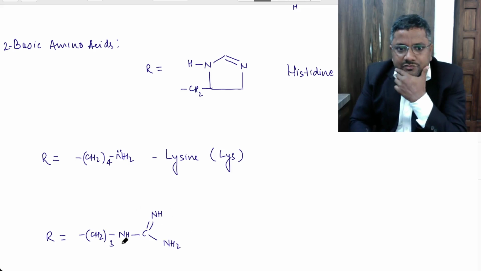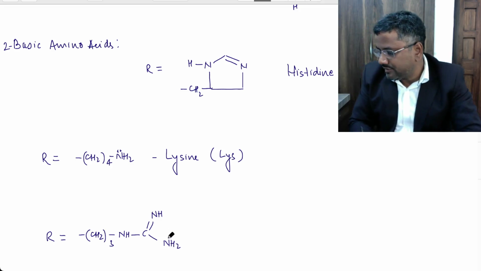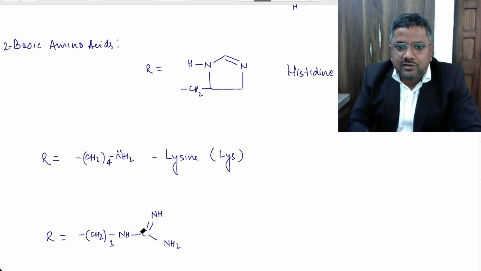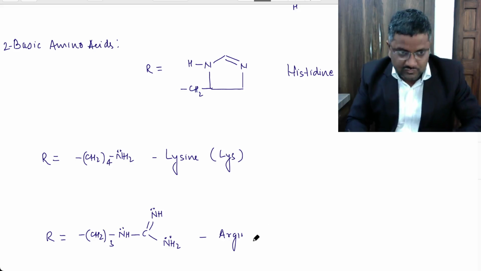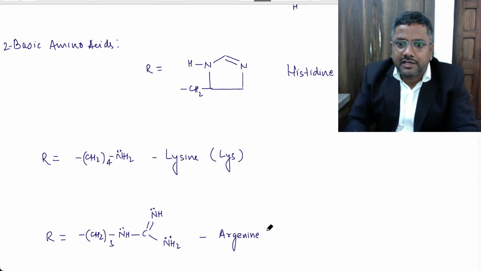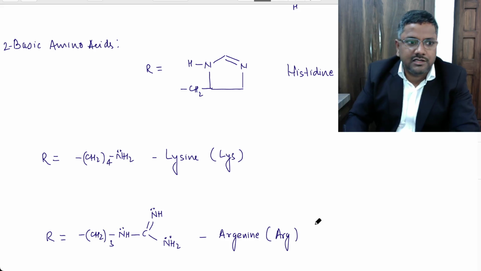See, remember this group, this is guanidine. Somewhere in acidic and basic strength I have discussed this guanidine. So if R is equal to this, so many nitrogen and so many basic groups are there. So this is a basic amino acid. The compound is arginine. ARG, right.